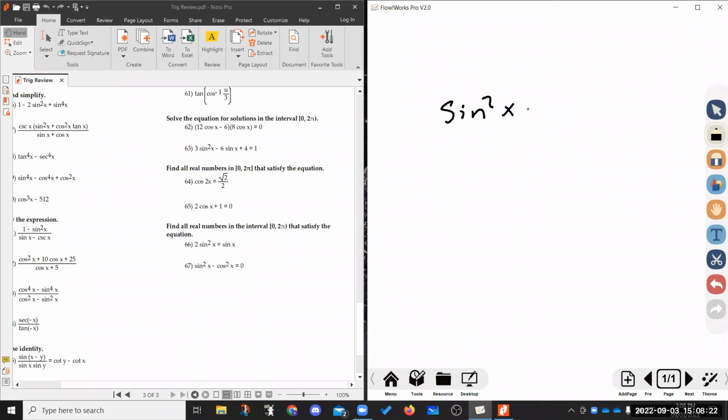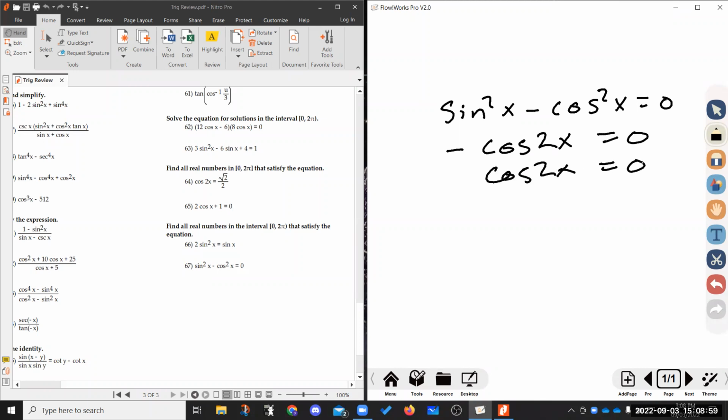Sine squared x minus cosine squared x is equal to 0. Let's go ahead and change this into cosine squared minus sine squared, which is cosine of 2 theta. So this is negative cosine of 2x is equal to 0, which means that cosine of 2x is equal to 0.